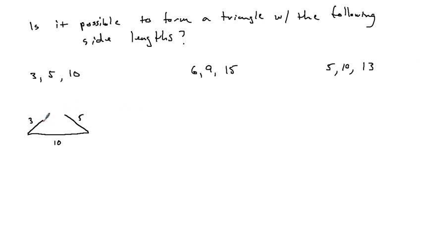So this idea here is that these endpoints wouldn't meet because they're not long enough. If you started trying to close them down together, right, they would eventually just fall flat and you wouldn't be able to make a triangle. And so our reason here is, do these make a triangle? Our answer is no. And we would say that 3 plus 5 is less than 10. So it's not going to work.